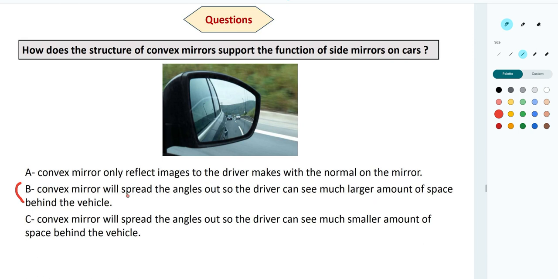Convex mirrors will spread the angle out so it can see a smaller amount of space. No. Why would a driver want a smaller amount of space? Because it's being spread, then we know it's a larger amount of space. So this is true.